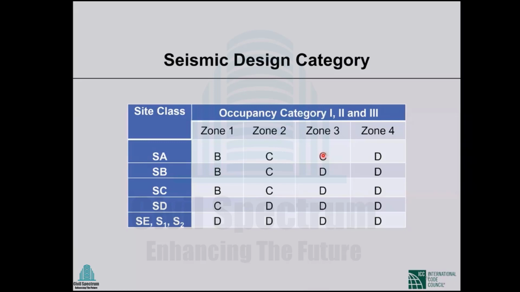If we build a building on top of rock, only in that case can we design a structure as seismic design category C.